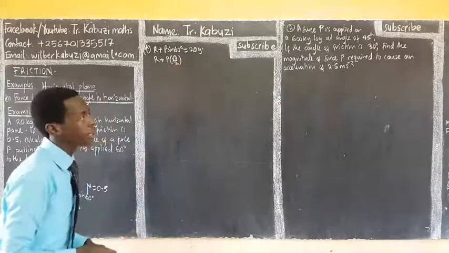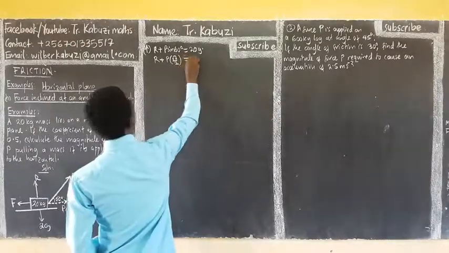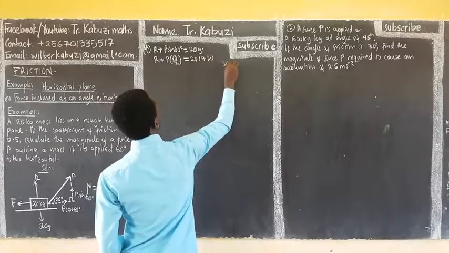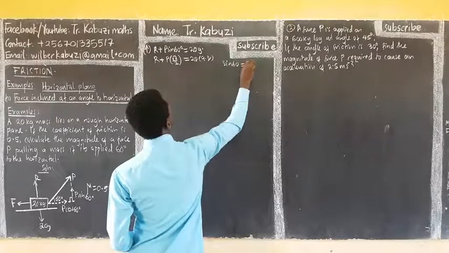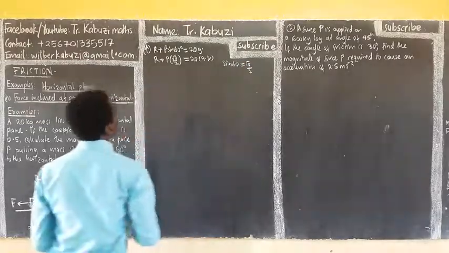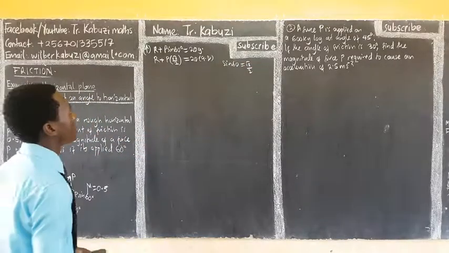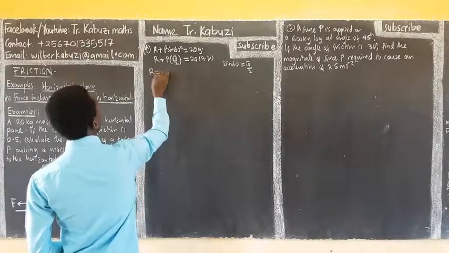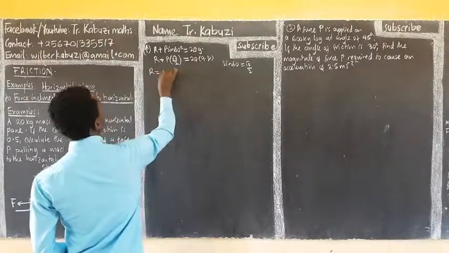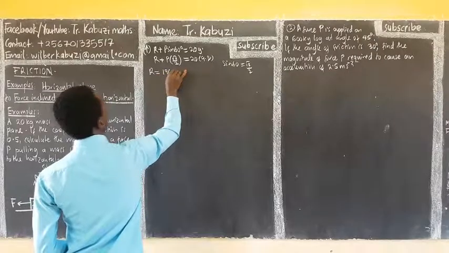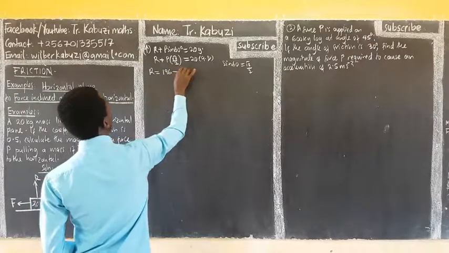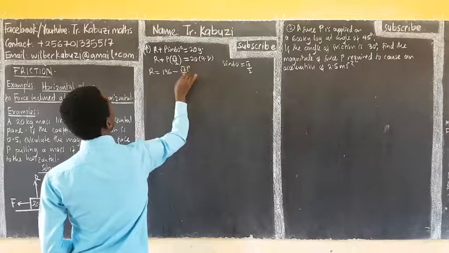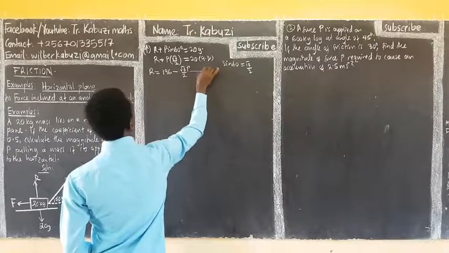These are special angles, sin 60 is root 3 over 2. If I make R the subject, R will be 196 minus root 3 P all over 2, and I call this equation 1.